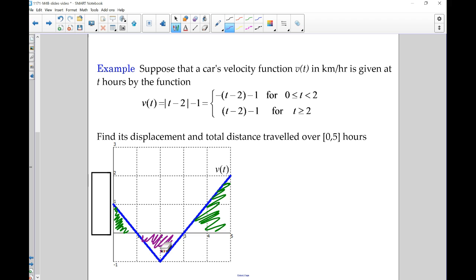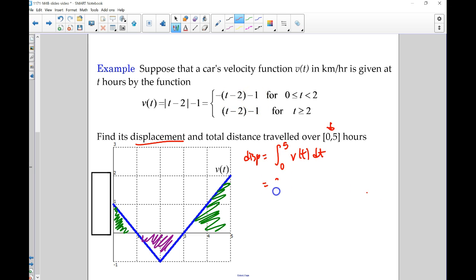Alright, so to find displacement, displacement is going to equal the integral from 0 to 5 of v of t dt. Now since this is an absolute value graph, I actually have to break it up into these two cases.